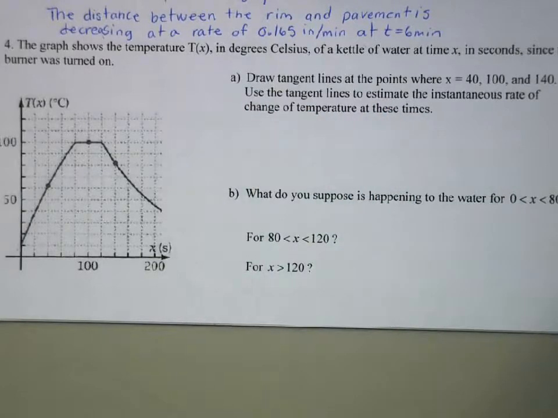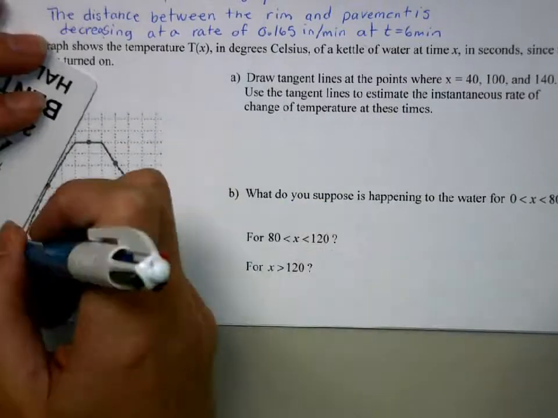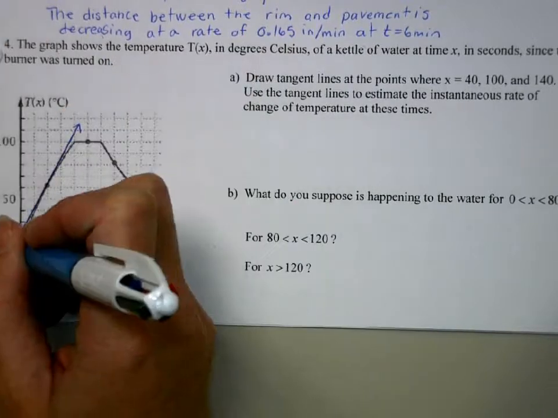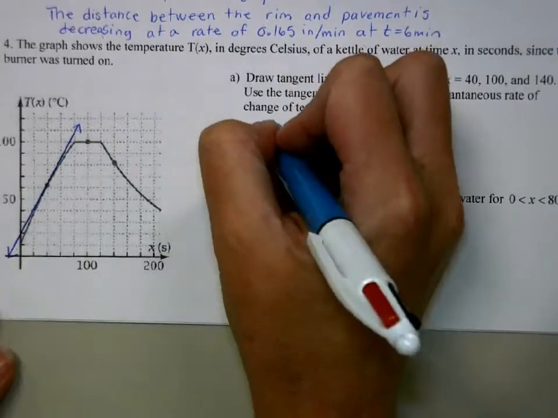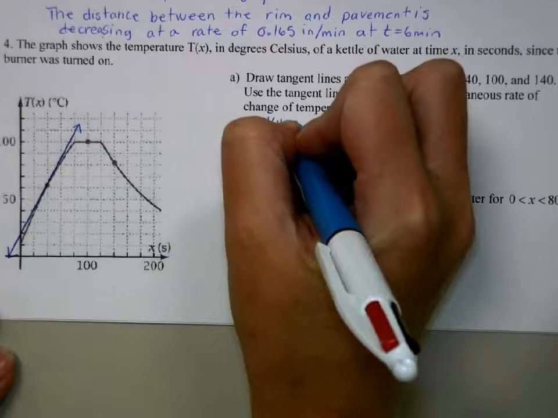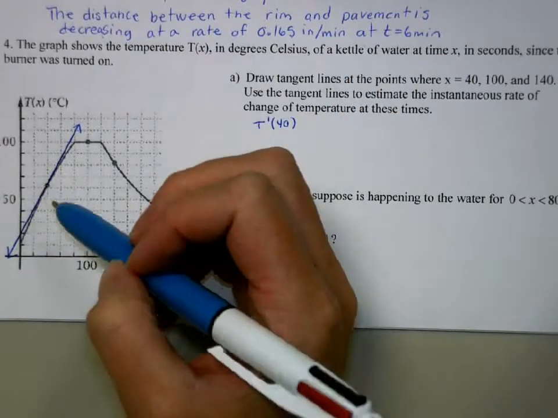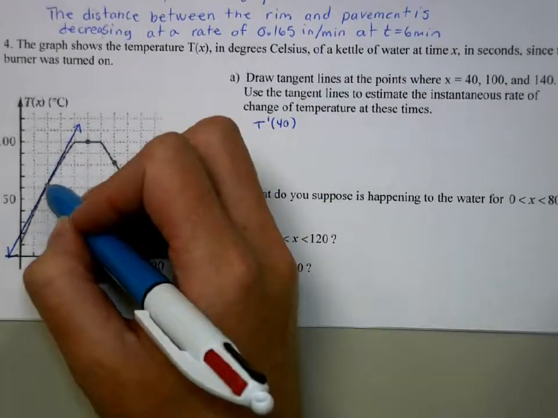So at 40, my trusty hall pass from 2015. The slope of this line is going to be the instantaneous rate of change at 40, so T'(40). Keep in mind these are going up by tens.